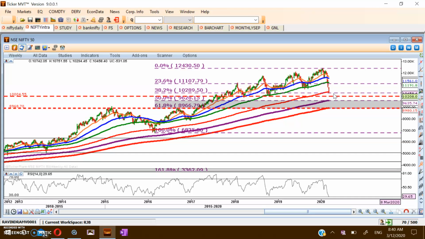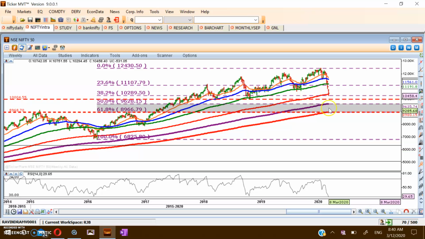The success ratio in the coming period will be very, very low, probably 60 to 65% at the max. So this is my view. Still wait out of this market and let the market find support in this area.